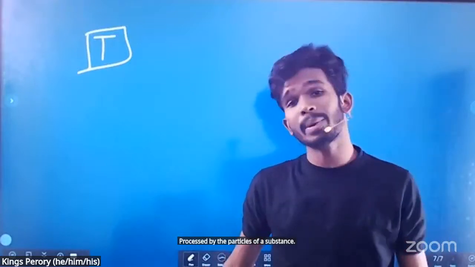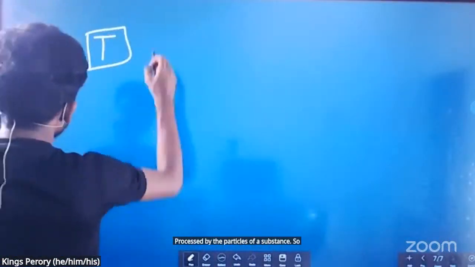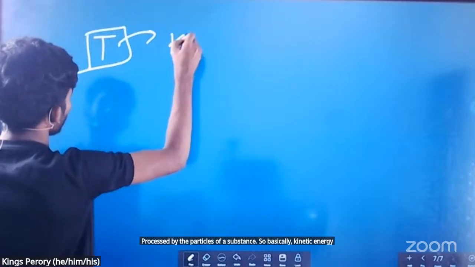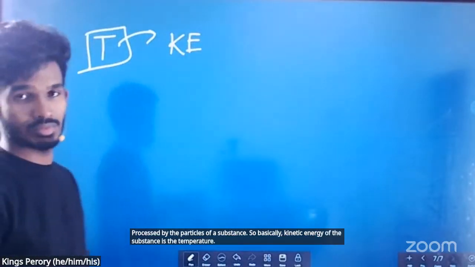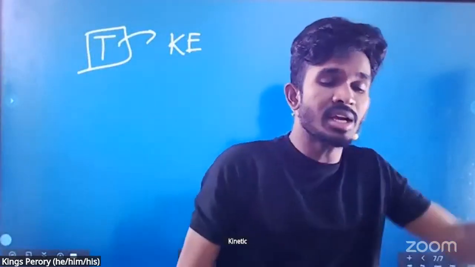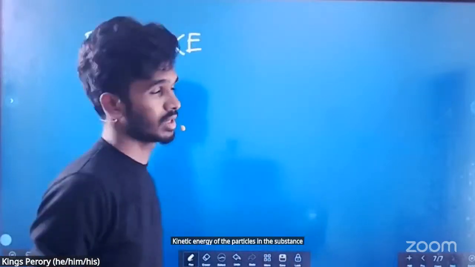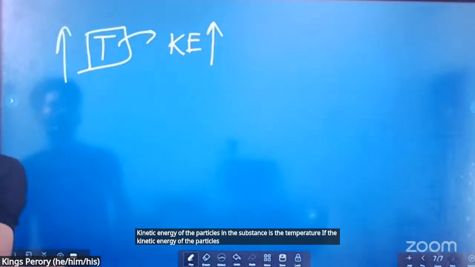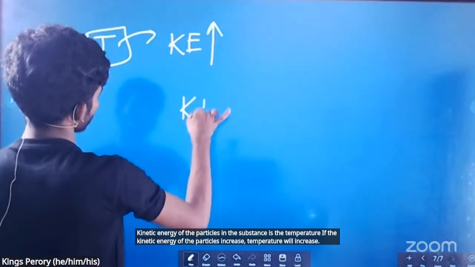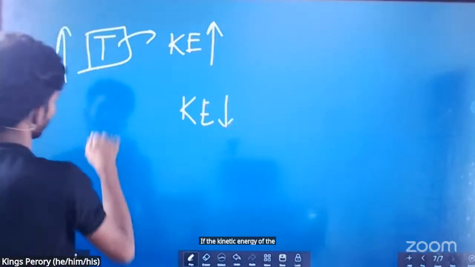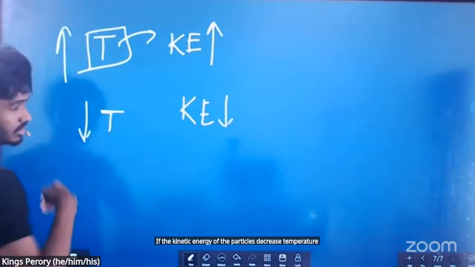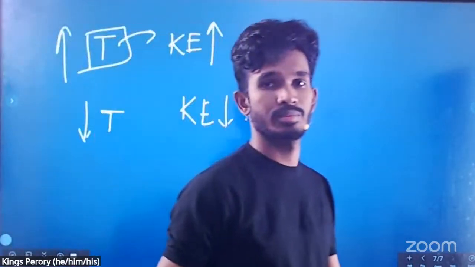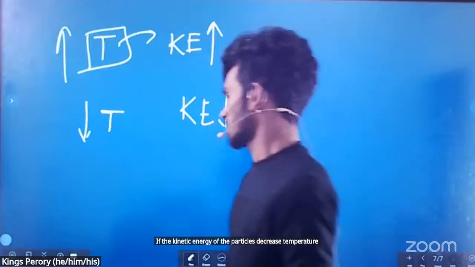So basically, the kinetic energy of the particles in the substance is the temperature. If the kinetic energy of the particles increases, temperature will increase. If the kinetic energy of the particles decreases, temperature decreases. That's the sentence.